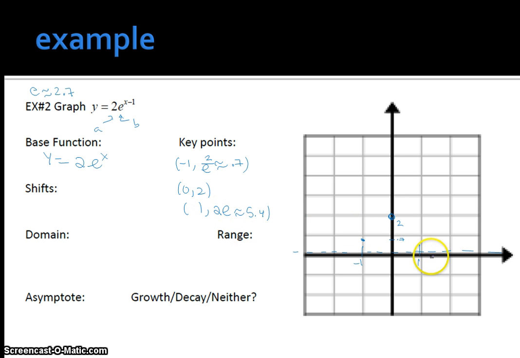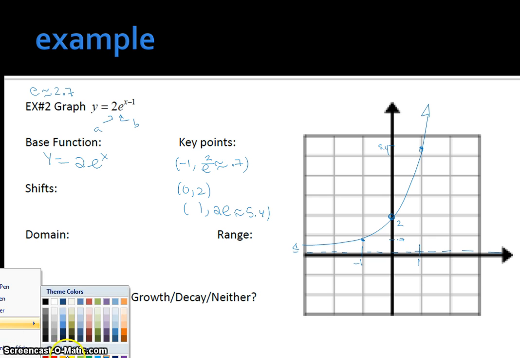So at 1 it goes up to about 5.4. So it is going to approach the asymptote like so. And I have my 3 key points.